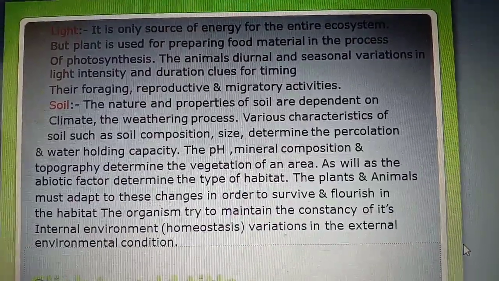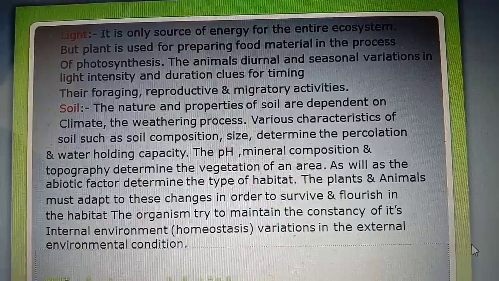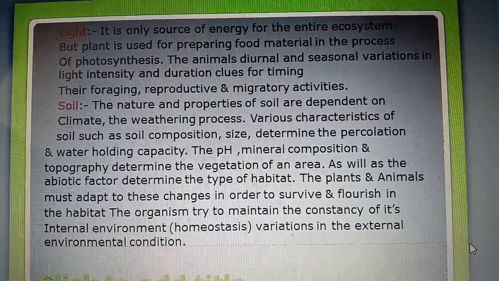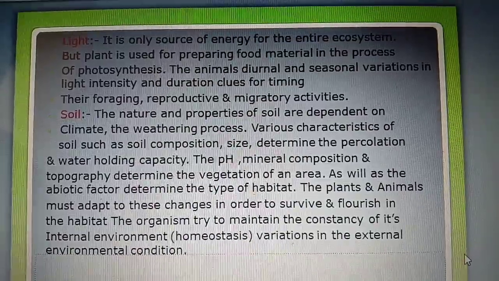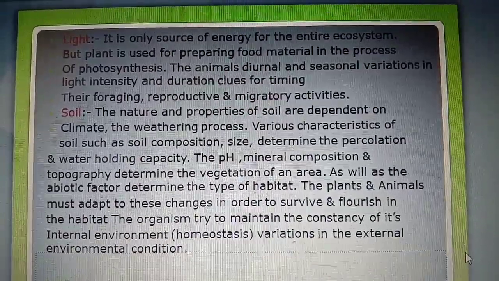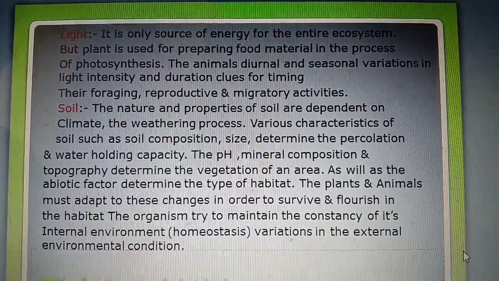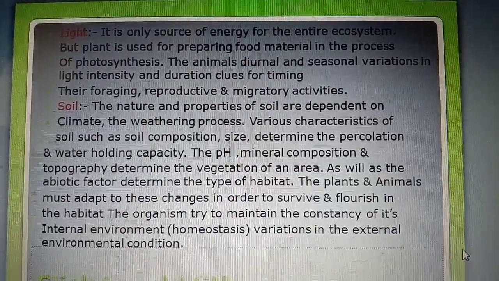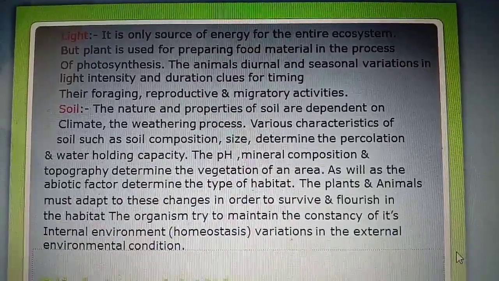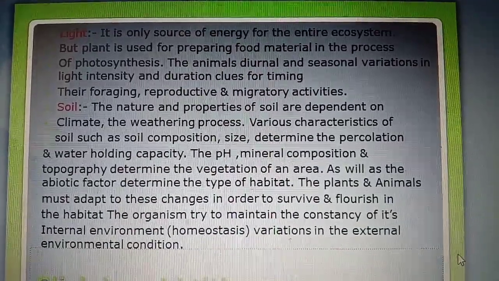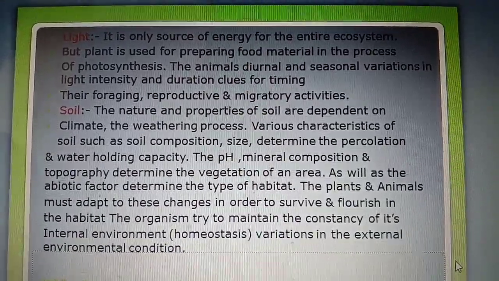That is called homeostasis. Homeostasis means the internal salt and water balance is equally maintained in the internal environment despite variations in the external environmental conditions.